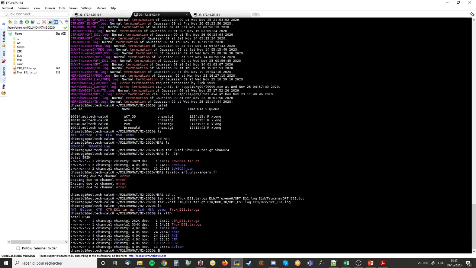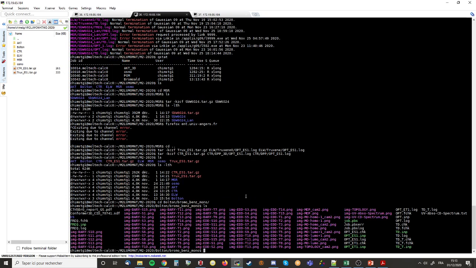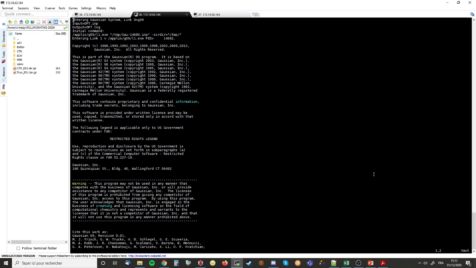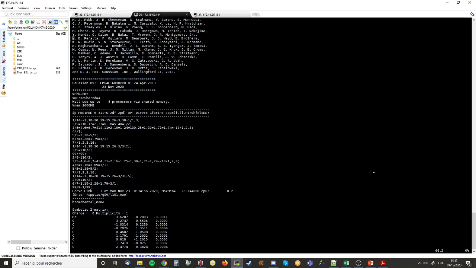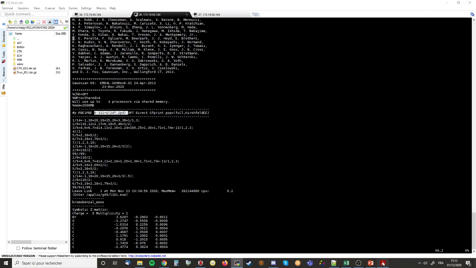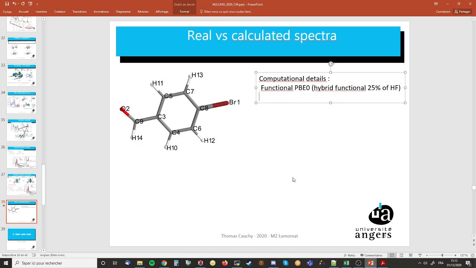So if you open one of your log files, you should see these numbers in the optimization. Those are the name of your basis set.